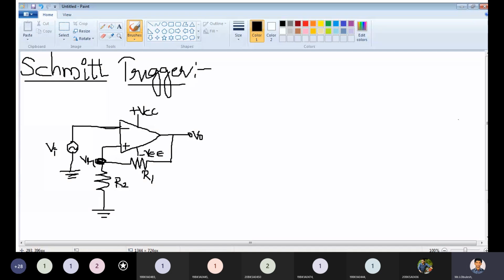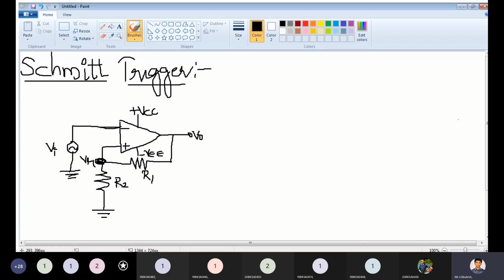Now you need to assume that R1 and R2 form a potential divider, and we have positive V reference.